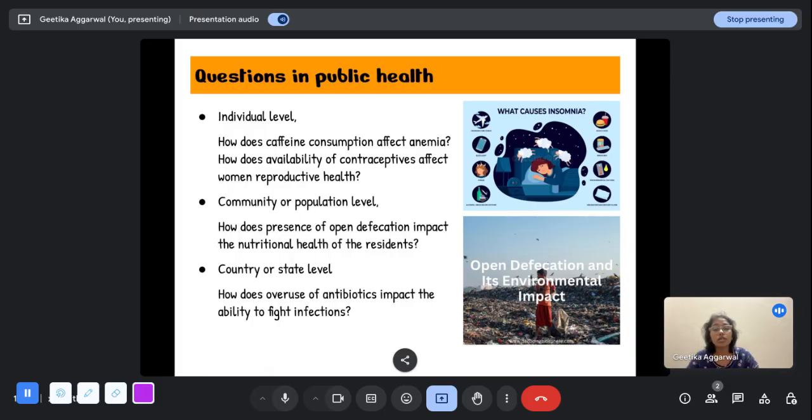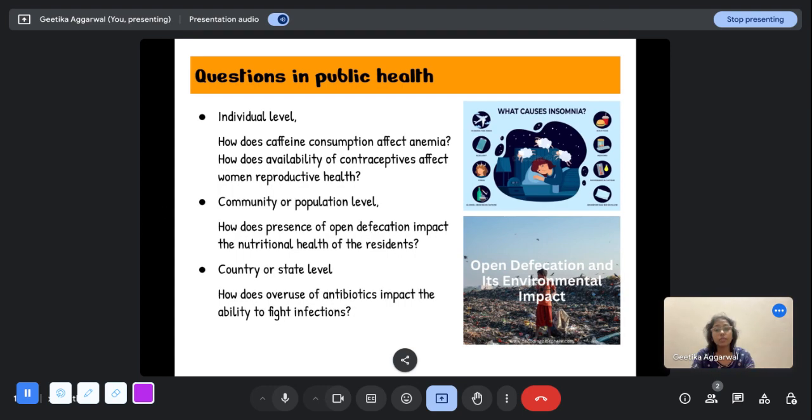Then there could be questions at a community level, at a population level, for example, how is the presence of open defecation impacting the nutrition and health of the residents of that area? Then you could be asking countrywide questions or state level questions, in which you're talking about things like how has the overuse of antibiotics led to resistance, and how is it impacting the ability to fight infections?